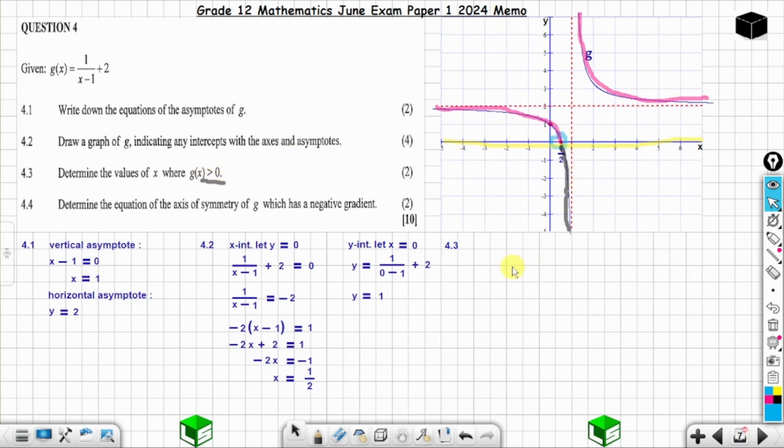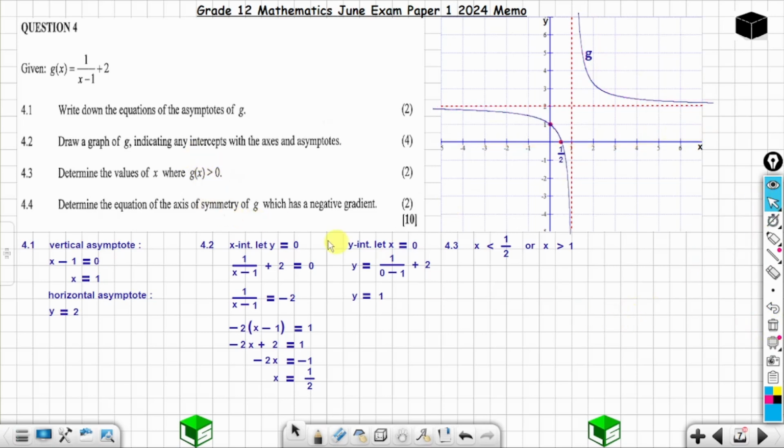So you have x less than 1 over 2, where the graph is greater than 0, above the x-axis, positive, or x greater than 1, where the graph is above the x-axis.